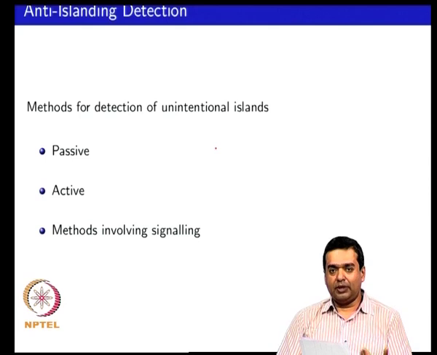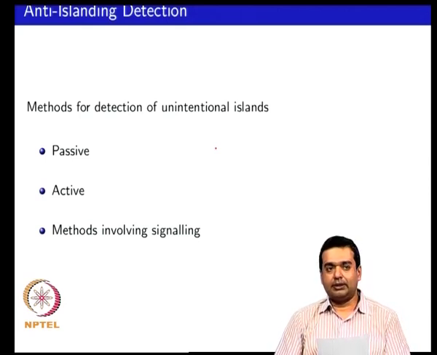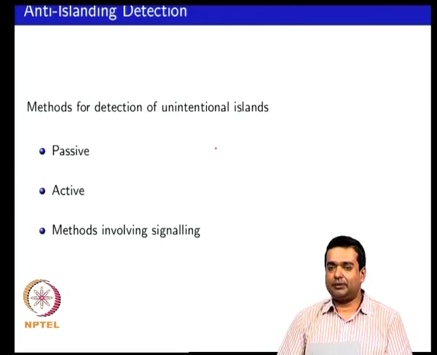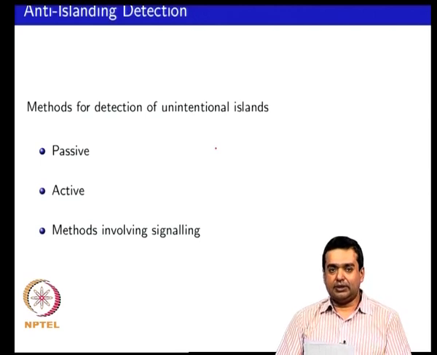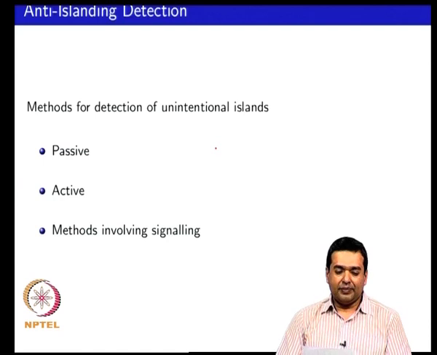Also, we saw that islands can result in situations which you want to avoid, where you could potentially damage equipment, etc. And so, there is a need for detecting a situation of an unintentional island, and anti-islanding algorithms are ways of detecting a situation of an unintentional island. The types of anti-islanding algorithms can be passive, active, or it can involve signaling.